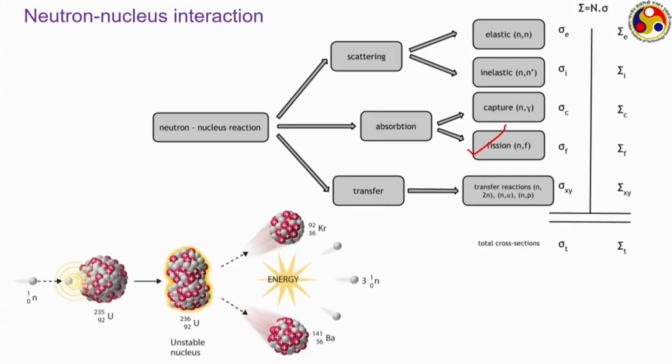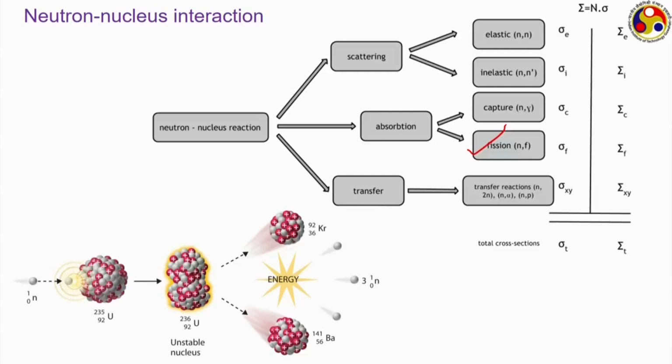Here one neutron strikes a nucleus, like in this example uranium-235, the neutron is absorbed inside the nucleus, forming uranium-236, which is generally an unstable nucleus and also has a very high amount of energy content.